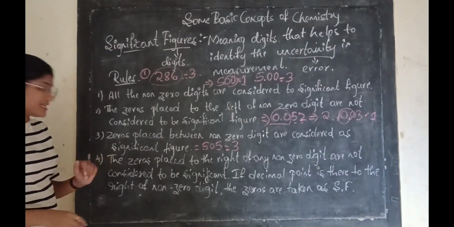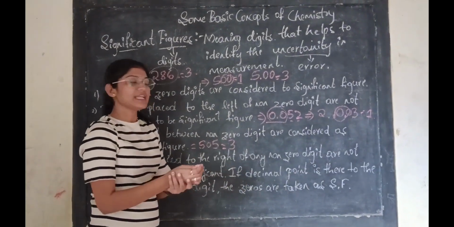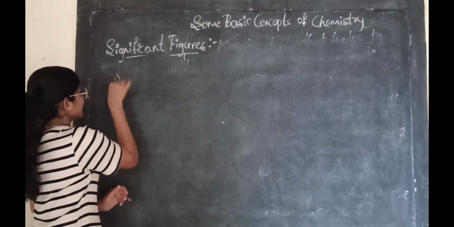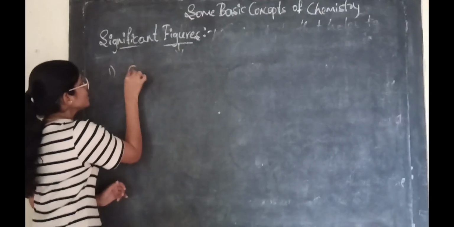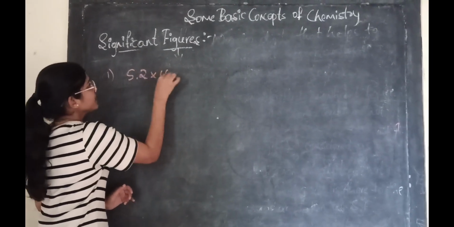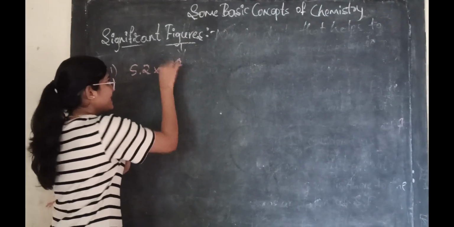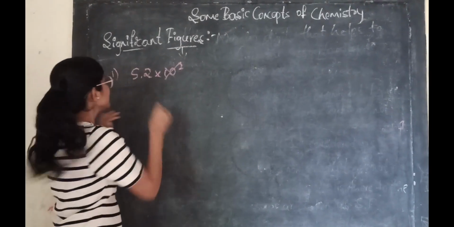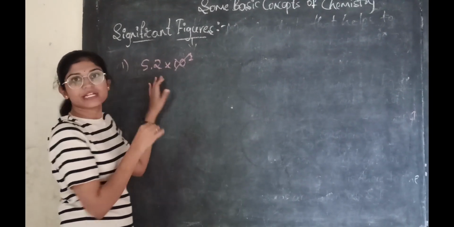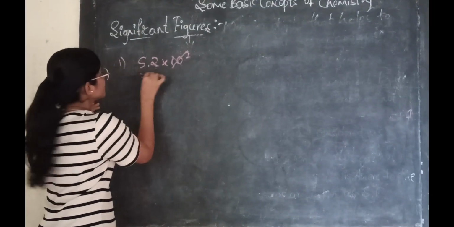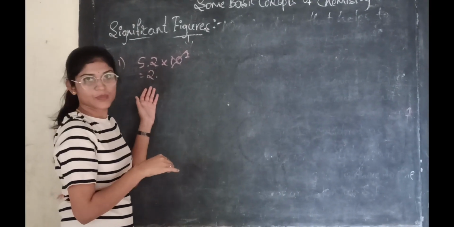And if we consider exponents, for example 5.2 into 10 to the power 2, in this exponent form we neglect the power of ten and count only the significant figures of 5.2. There are 2 significant figures.